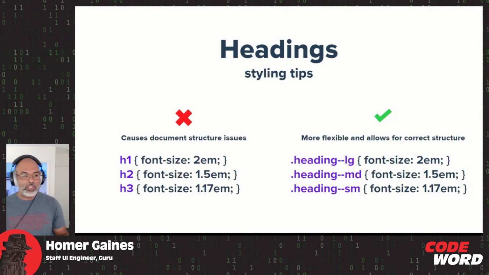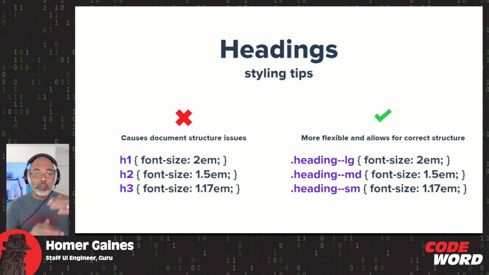In some documents, you may see CSS applied directly to the heading, such as an H1, an H2, or an H3. That's going to be incorrect, because this does not allow you to maintain the style while using the correct HTML heading in your markup. Instead, apply a class to those headings that has the desired visual appearance that you need. That way, you can have the H1, the H2, and H3.